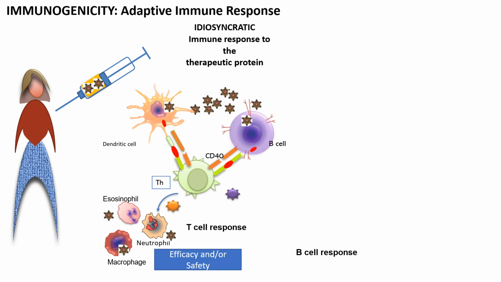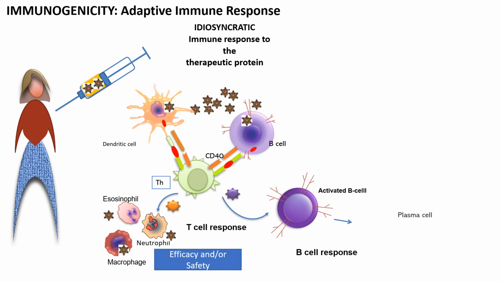You may be having some manifestations of adverse events. Now, on the other hand, these cells may not be dealing with the drug very efficiently, and they may not be causing any safety effect. So immunogenicity needs to be assessed as a whole. Is it causing an effect on efficacy and or safety?